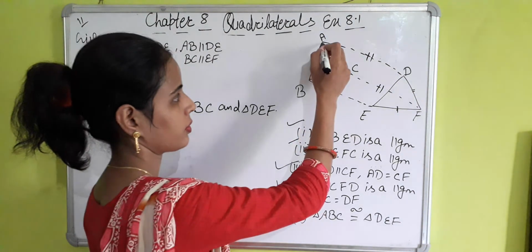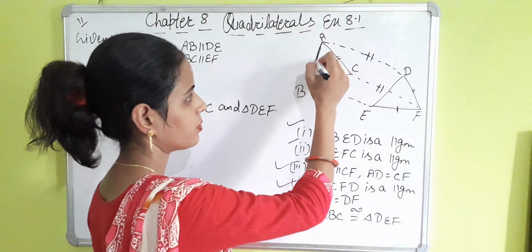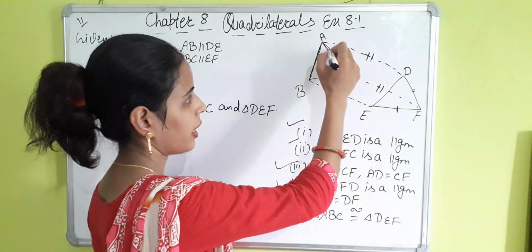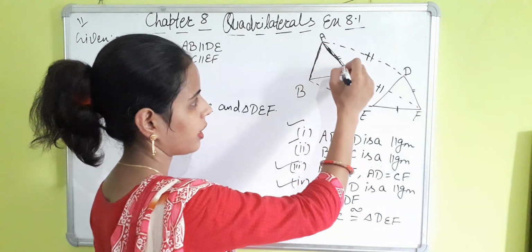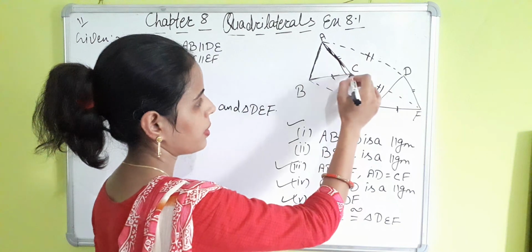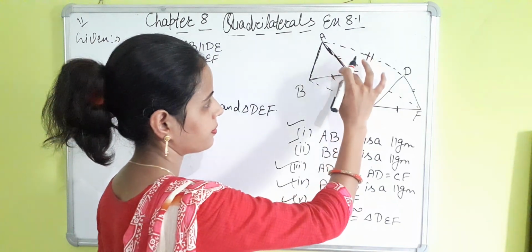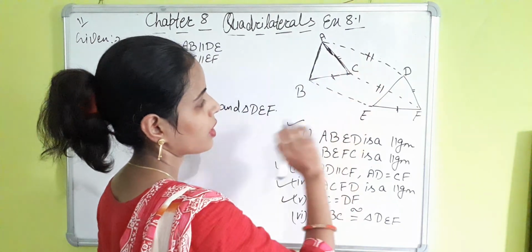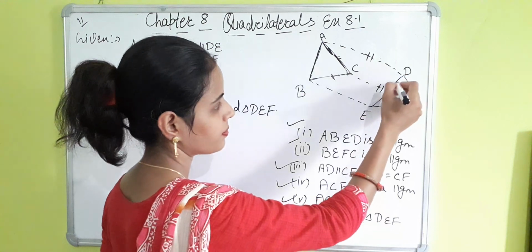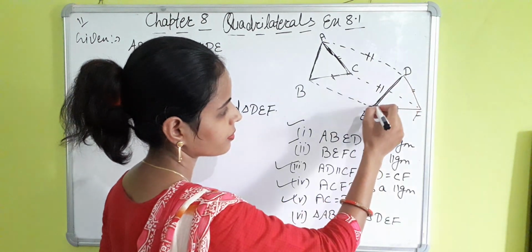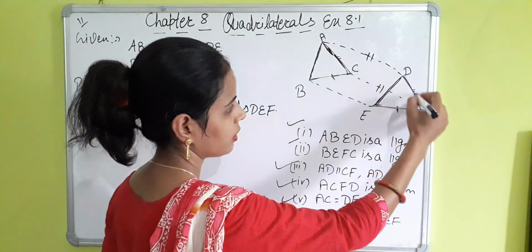these triangles shown by dark lines: triangle ABC and this triangle DEF.